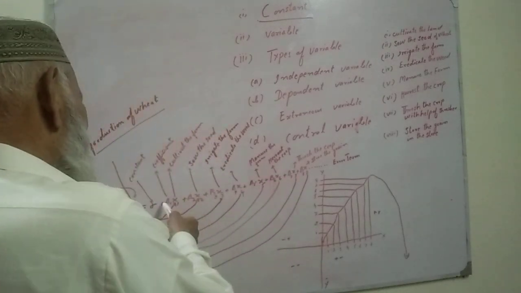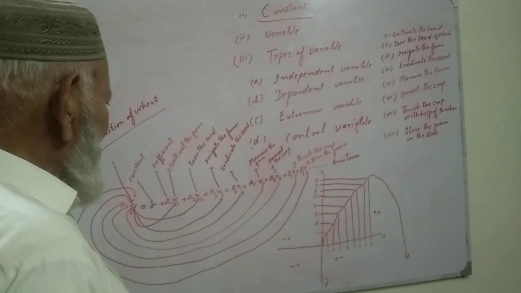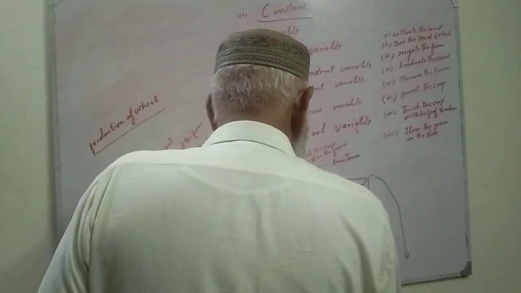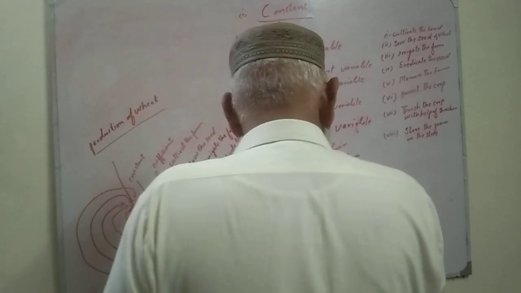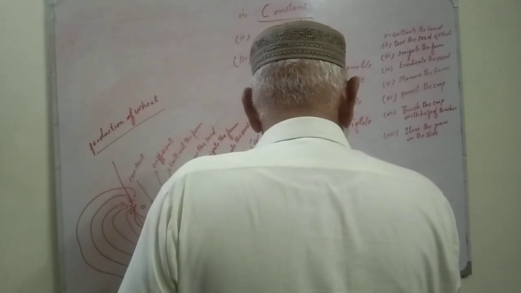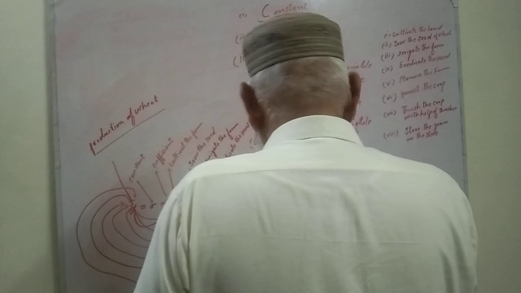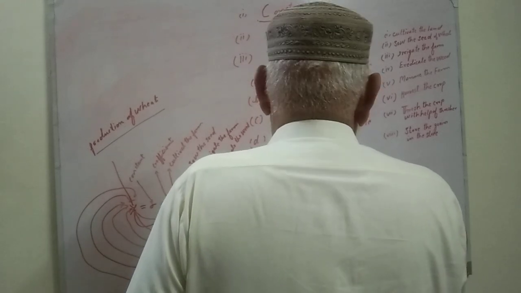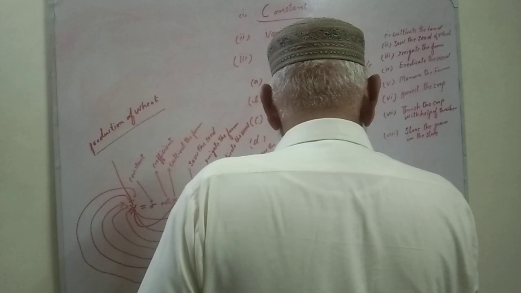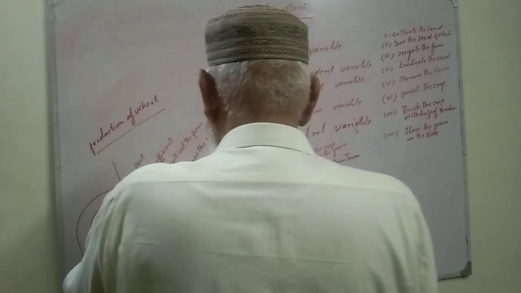This is x1. B1 is the x1 coefficient. So when we increase this, it gives some change in the production. This change divided by this increase gives the coefficient. Similarly, this increase divided by this increase gives the coefficient B2.